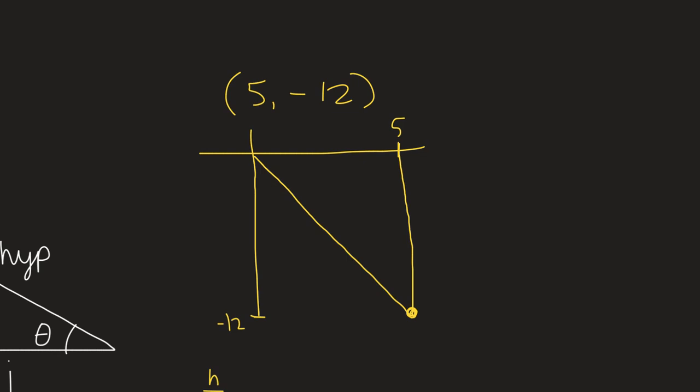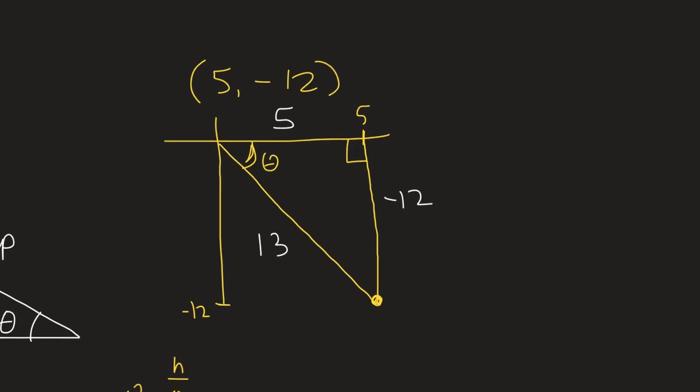That is critical that you always make a triangle with the x-axis because this is the angle that we're talking about. So when we use the Pythagorean theorem with 5 and negative 12, we get a hypotenuse of 13 because negative 12 squared is 144. Whenever we square a negative, we get that.